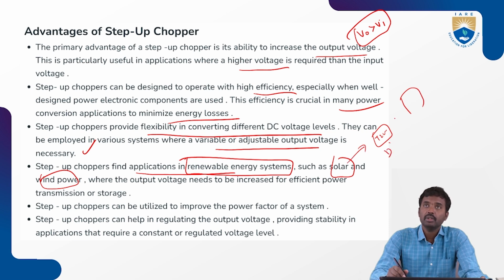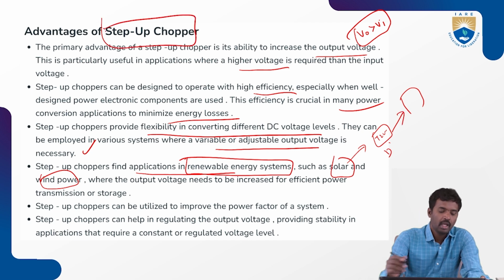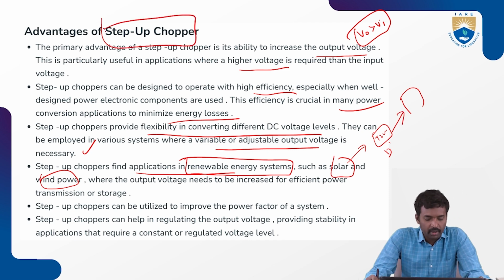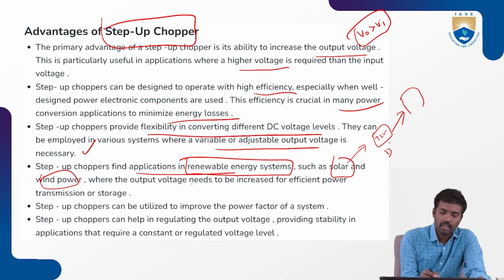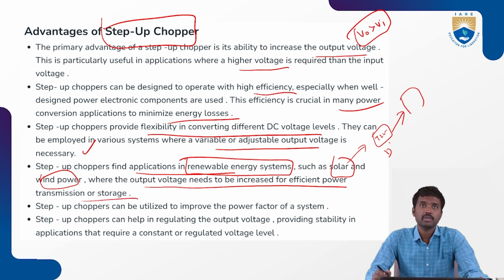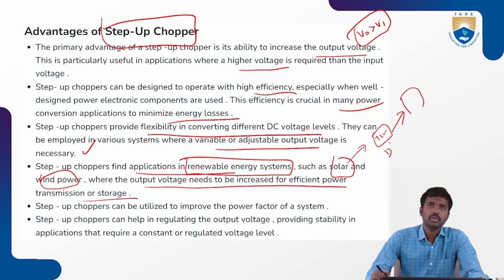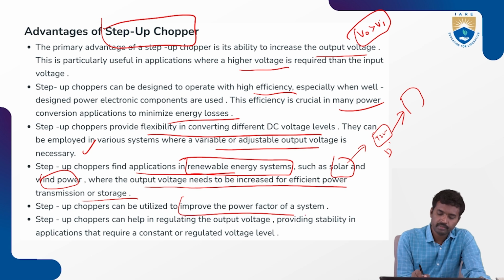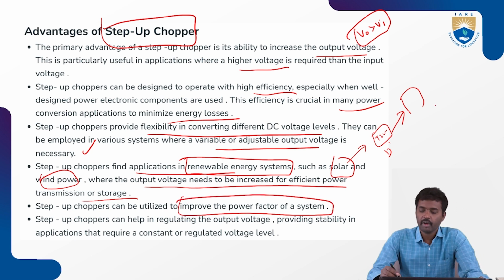To increase that voltage level, we will use this step up chopper. The output voltage needs to be increased for efficient power transmission and storage purposes. It can also be utilized to improve the power factor. Power factor means cos phi.